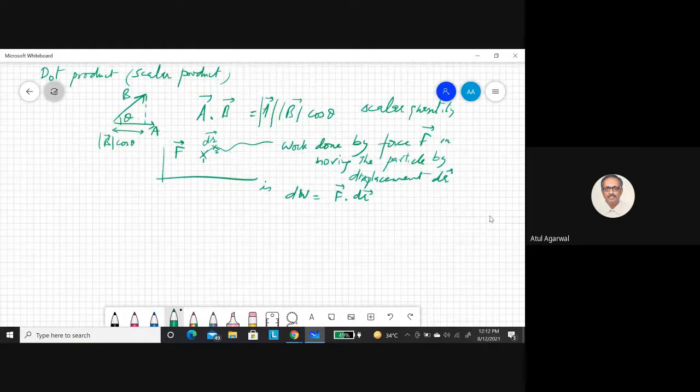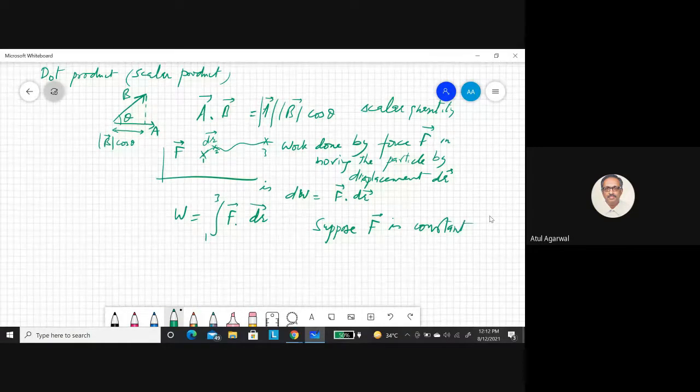So if you want to go to position 3, you have to do an integration. So the work will be the integral of F dot dr, integrating from 1 to 3. Suppose your F is constant during this entire displacement. Then what will you get?